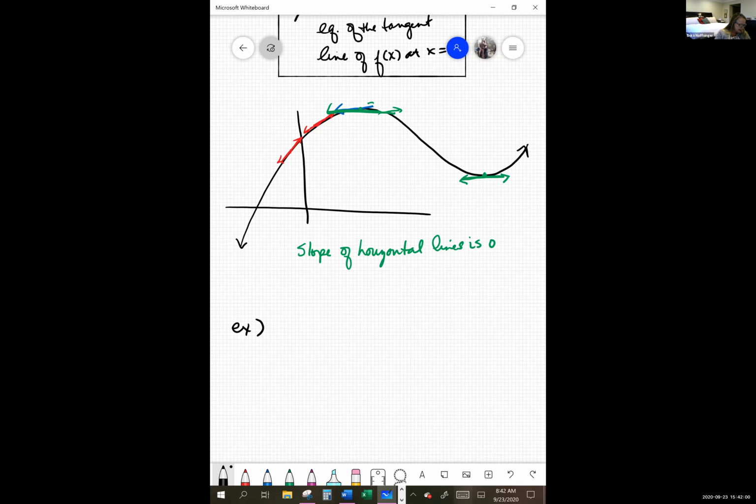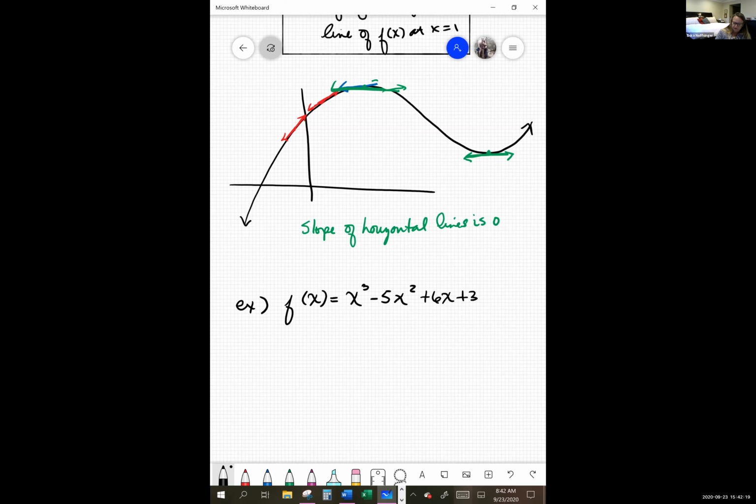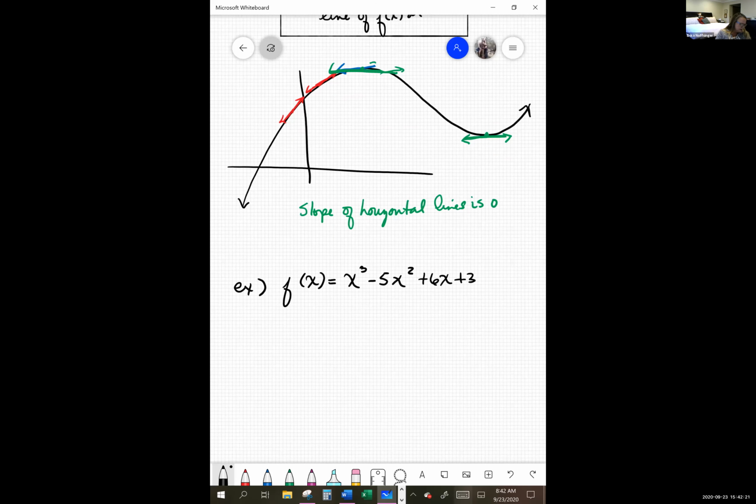So if we had f of x is equal to x cubed minus 5x squared plus 6x plus 3, find where f of x has a horizontal tangent line.